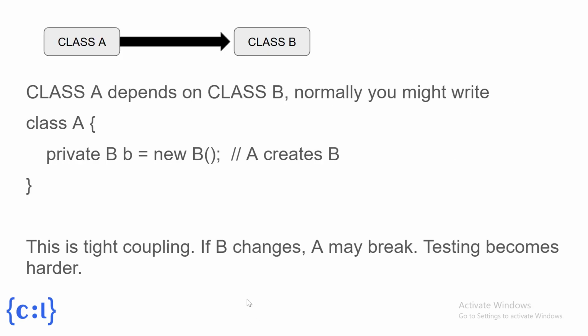Take this for example. Class A depends on class B. Normally you might want to write something like this, but this makes it tightly coupled. If B changes, A might break. Testing becomes harder. So this is not a good way to craft your class or your code.